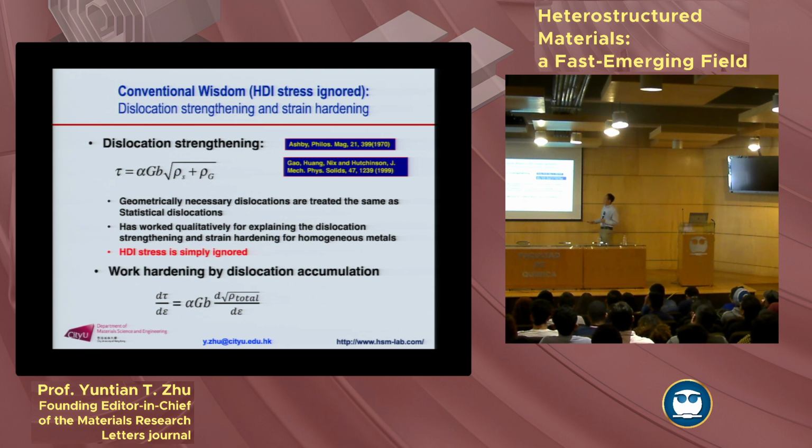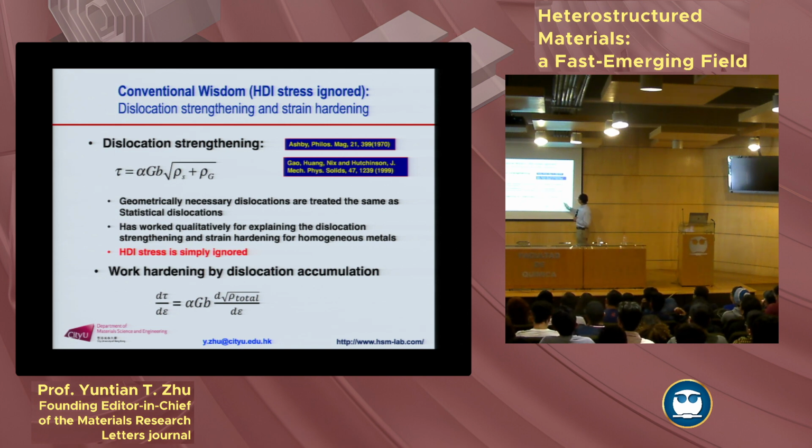So what's the point of this? For conventional wisdom, this is what they use. They call it Taylor's equation. So this is tau, the flow stress. This is the dislocation density, for GNDs and the statistical dislocations. So basically, it doesn't care what dislocation it is. It's only the total dislocation density.